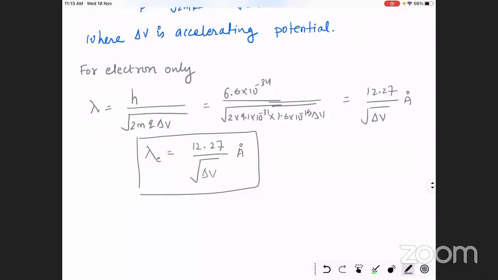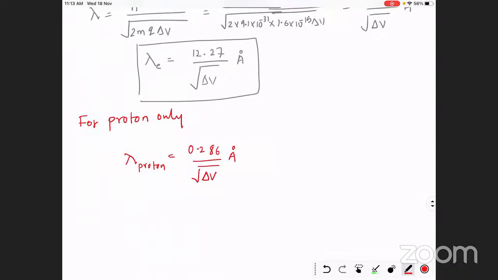In the same way, you can write this formula for proton. For proton only, you can write lambda proton equals 0.286 divided by under root delta V Angstrom. You can use this formula only for proton.